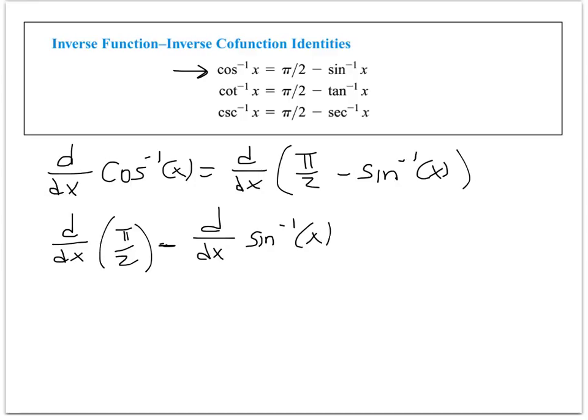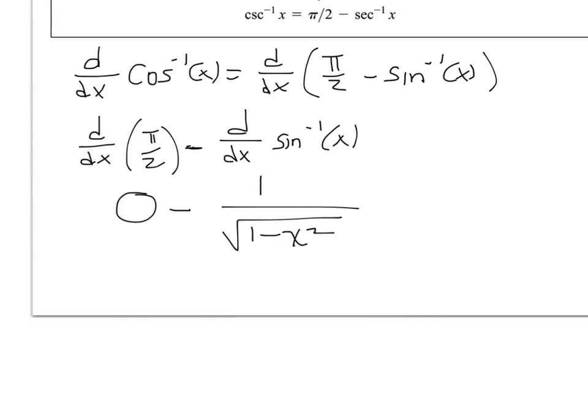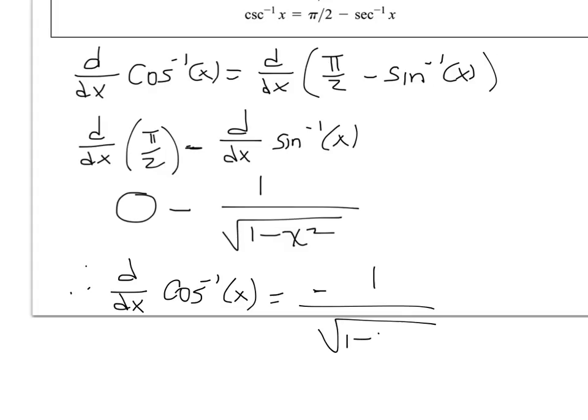Well, pi over 2 is a constant, so its derivative is 0, minus, we already know this one is 1 over the square root of 1 minus x squared, and therefore the derivative of the cosine inverse equals the negative of 1 over the square root of 1 minus x squared.